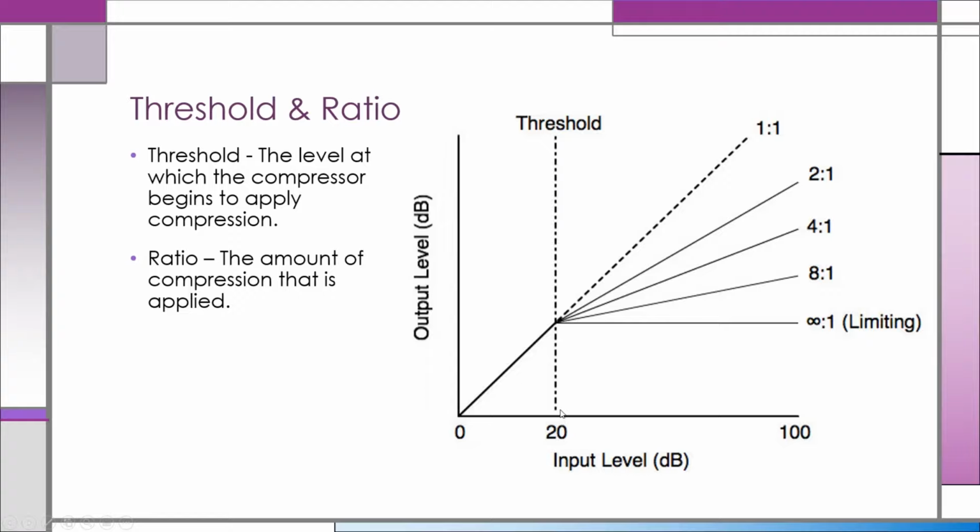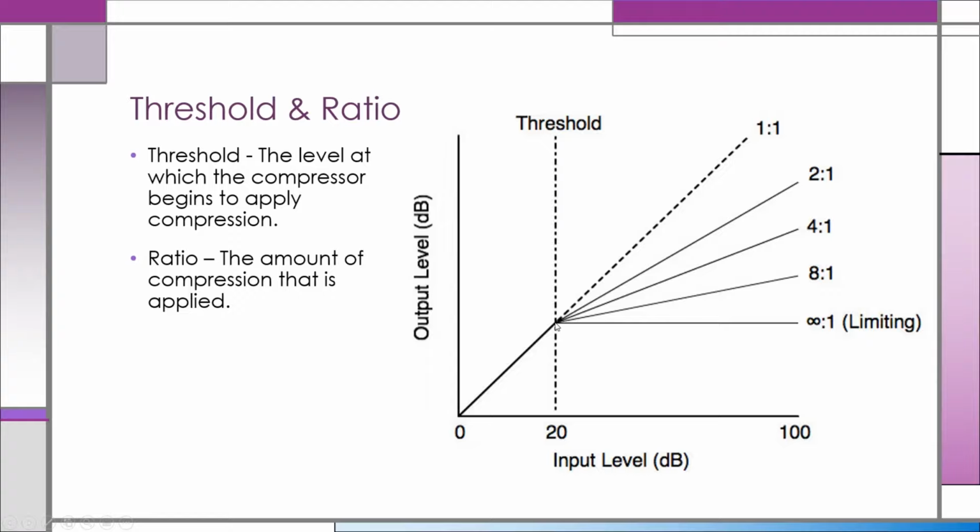But if we have a decibel level of 20, and then we go above that, right? So we're adding more to this, so it's getting louder. The actual output level here on the y-axis changes depending on the ratio of compression that we're applying. So if we didn't apply any compression at all or had a 1-to-1 ratio, this is what our end signal would be.